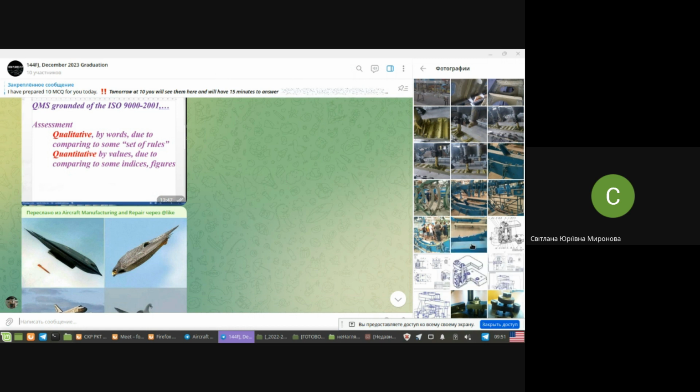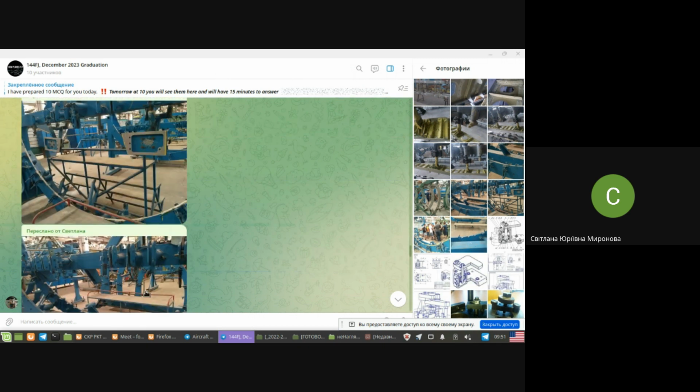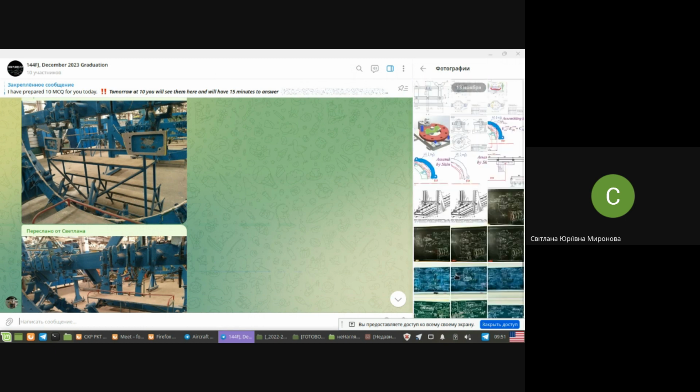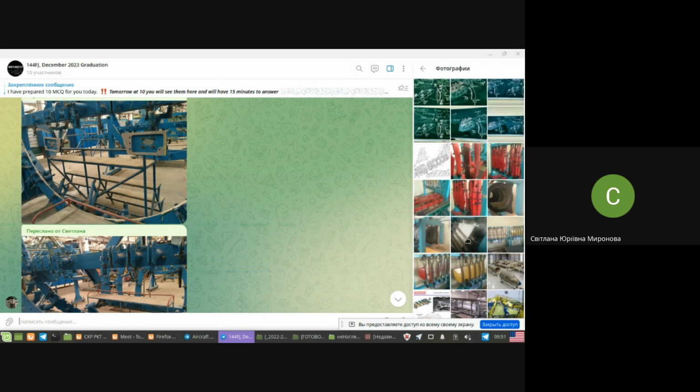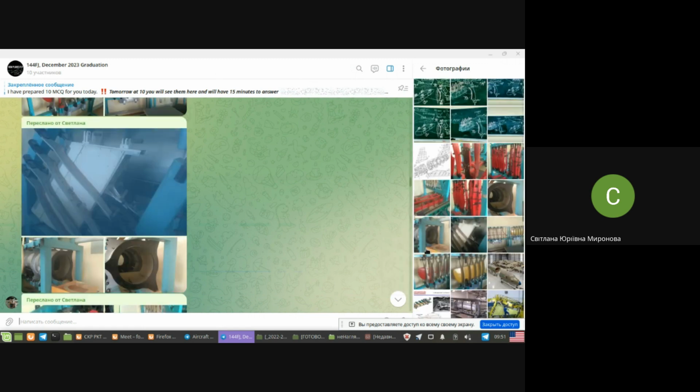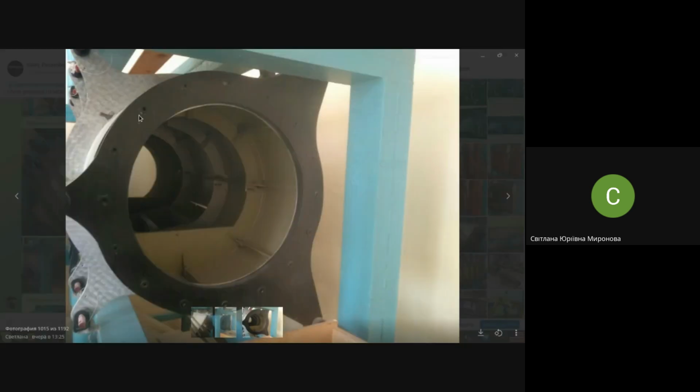Let's see. Here is assembly jig. Do you see any axis here? As for me, no. Do you see any axis here or somewhere in the middle? Where is the axis of this silver-like locator? In a drawing we might find it, but in real life, axis does not exist.